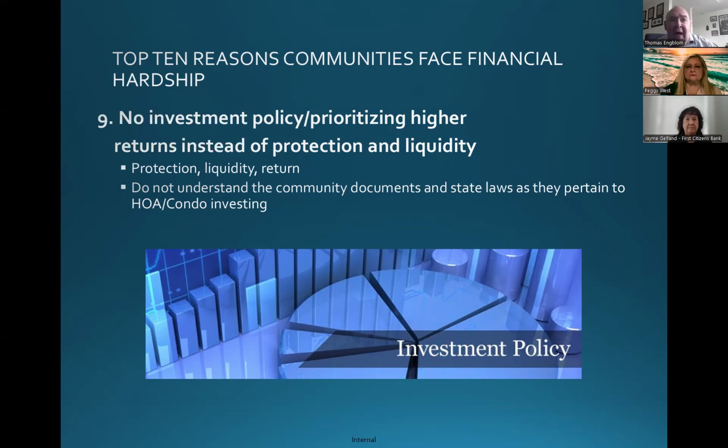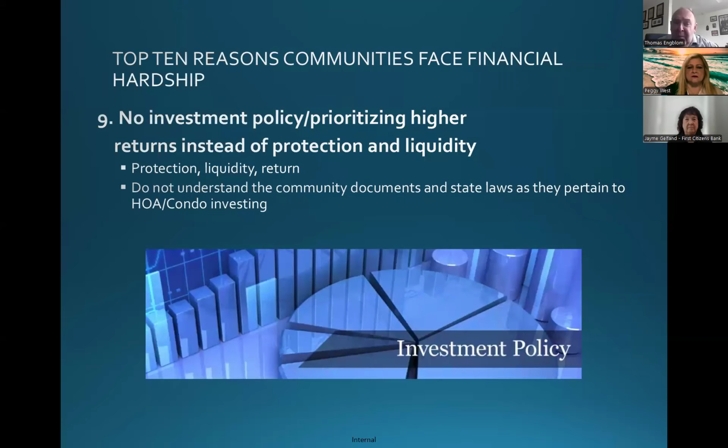Now, a lot of associations may or may not have more money than that. And if they do, they're not FDIC protected. Now, if you look at the banks, such as First Citizens, we're over a $300 billion bank. I don't think that we're going to fail anytime soon.